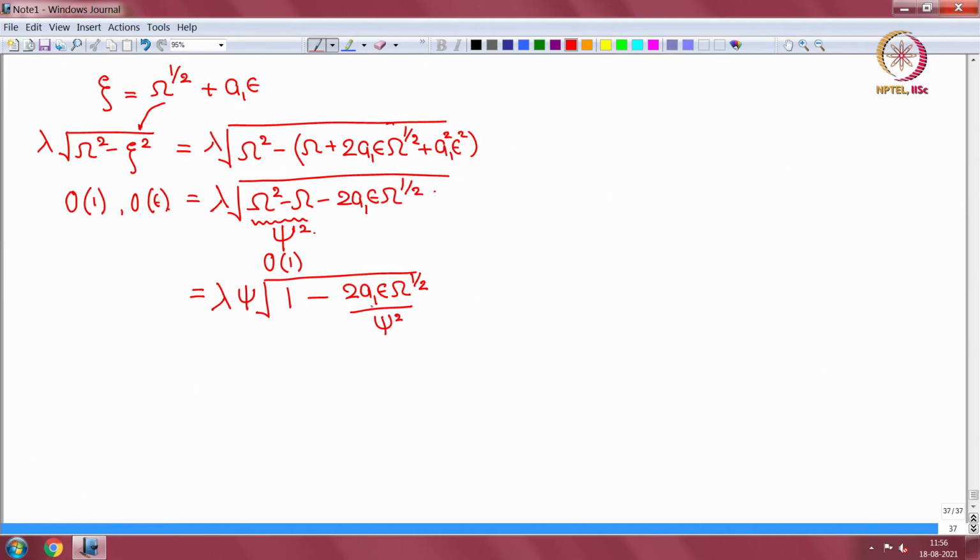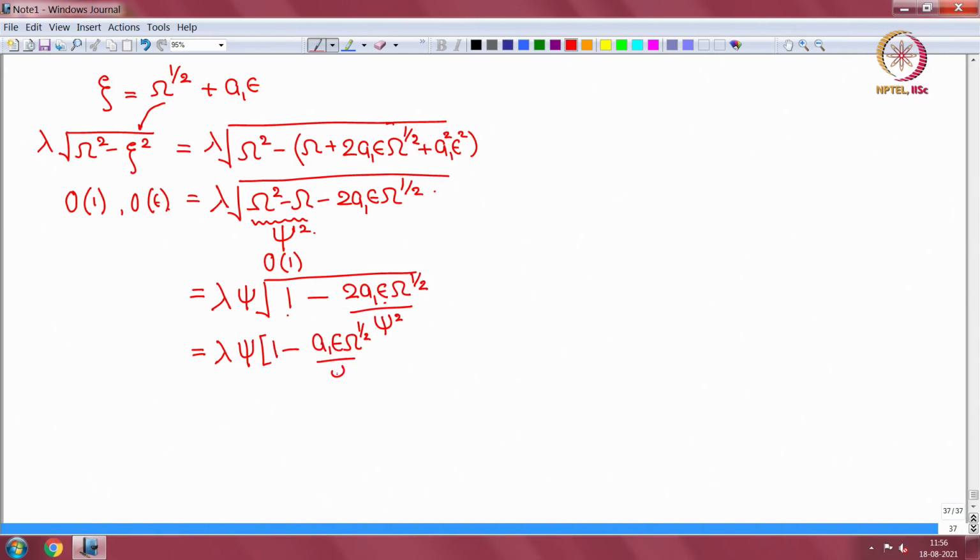So this is a small quantity, that is our assumption because of epsilon. This is smaller than this. So if I do a binomial expansion of this, I get lambda psi and 1 minus a1 epsilon omega to the power half by psi square.